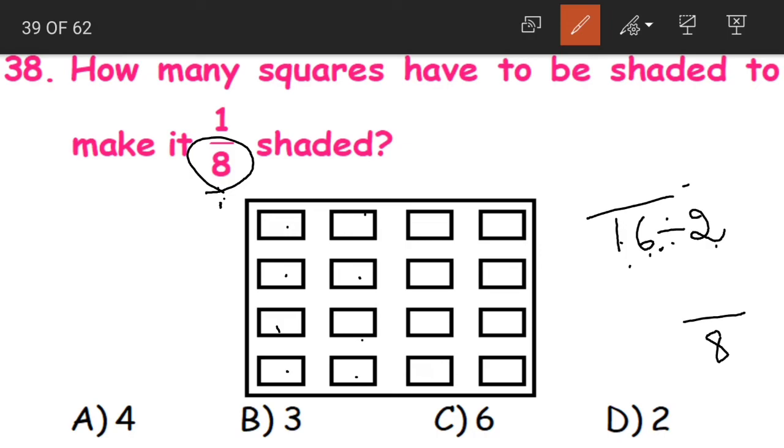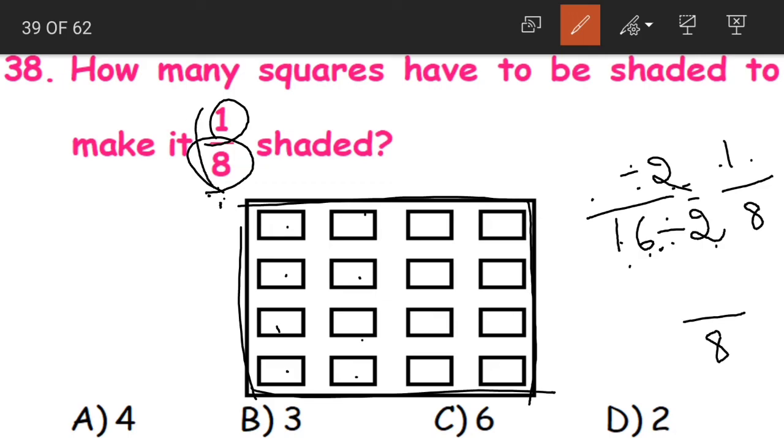Now when we divide the numerator by 2, we will get 1 in the numerator. Yes, this is an equivalent fraction. Here we have 16 boxes, but in the question they have asked us to show 1 by 8.